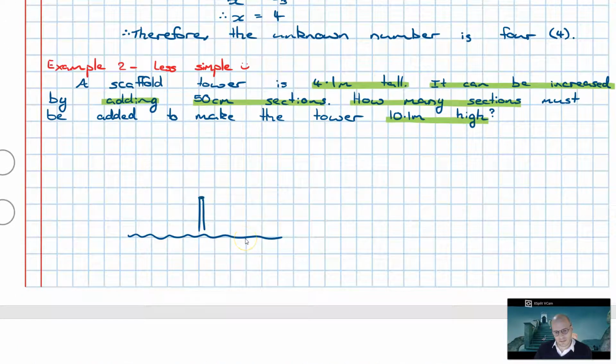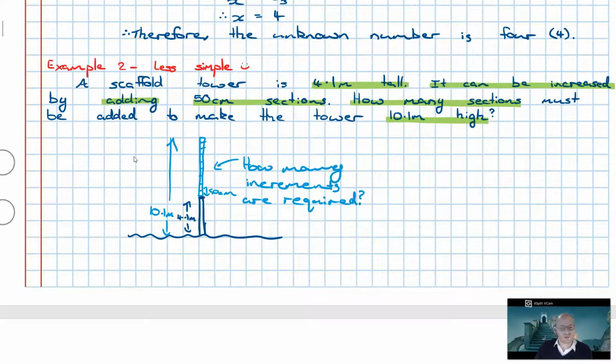And we want to make it taller. At the moment it's only 4.1 meters, and we would like to make it grow, so to speak, to 10.1 meters. The way in which we do this is we add 50 centimeter blocks, or 50 centimeter increments, like so. So the question at hand is, how many increments do we need?